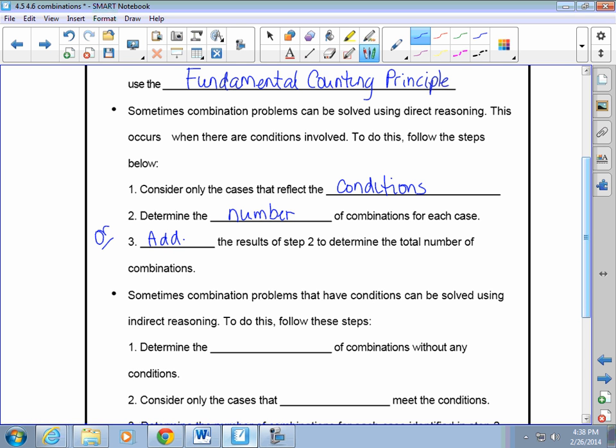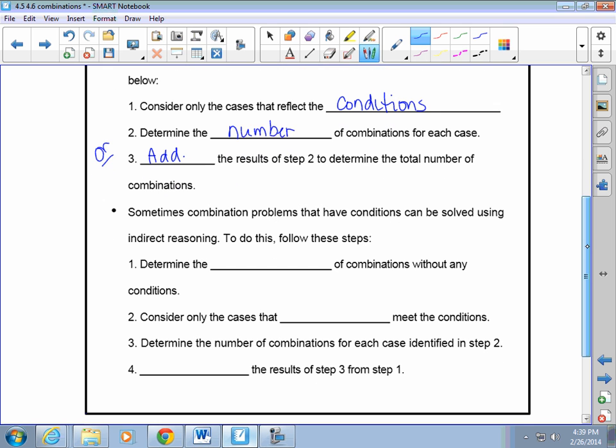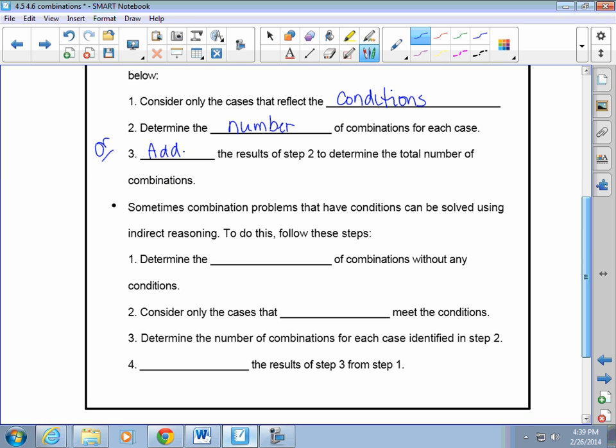Sometimes combination problems that have conditions can be solved using indirect reasoning. So that was the second method that I showed you there. To do these, determine the number of combinations without any of those conditions that were in the problem. And then consider only the cases that do not meet the conditions. So that was having 0 males and all 3 females.